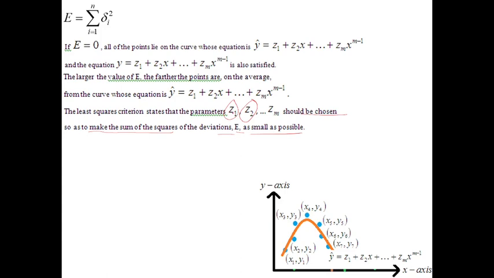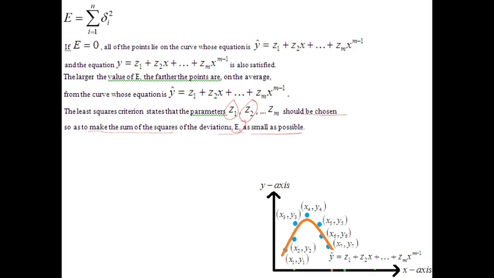So we should choose the value of the parameters so as to make the sum of the squares of the deviations, which is E, as small as possible.